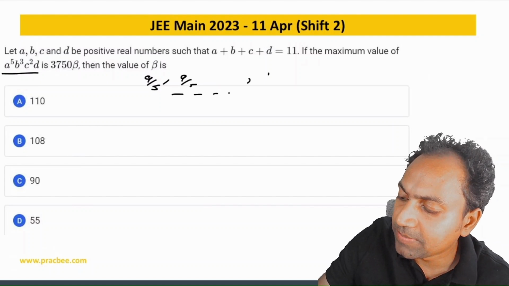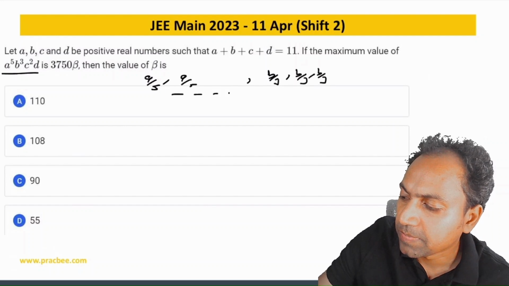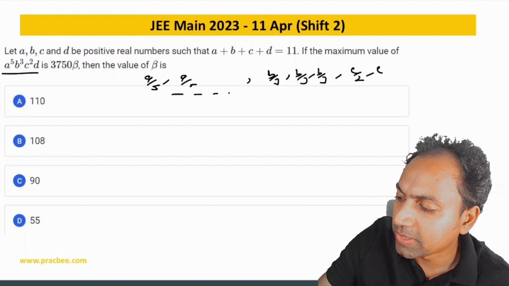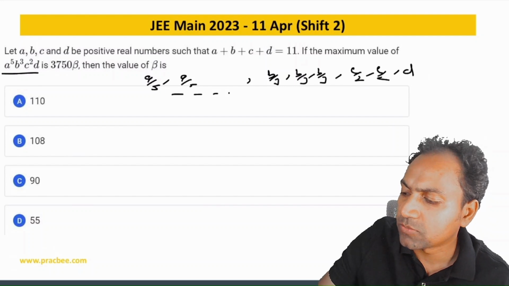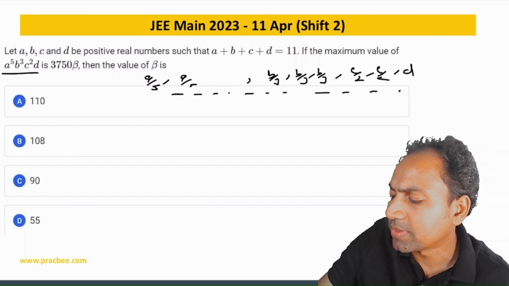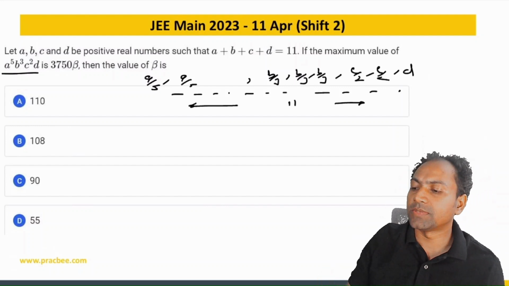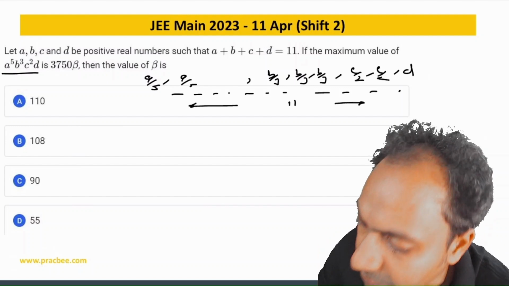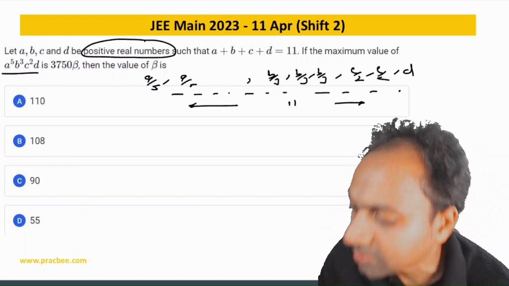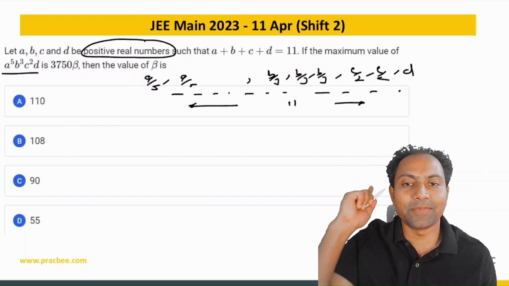And then similarly b by 3, 3 times, and then c by 2, 2 times, and d 1 time. So if you look from here to here, there are a total of 11 terms. And now in these 11 terms, since all of them are positive real numbers, this is the hint in the question, we can apply AM is greater than or equal to GM.